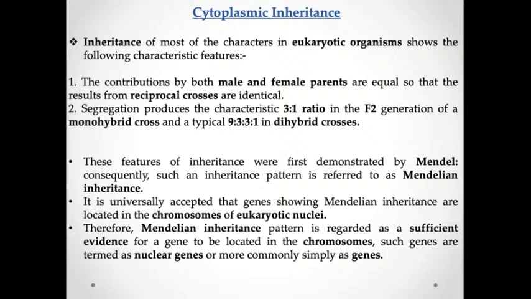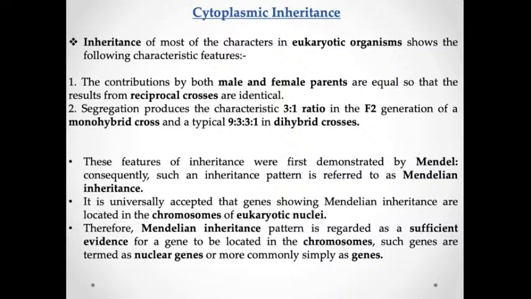Reciprocal crosses, what are they? They are crosses done back with the parents. Since the contribution of male and female parents is equal, the results in reciprocal crosses are equal because both gametes are transferred. And segregation produces a characteristic ratio of 3 to 1 in the monohybrid cross, and the typical 9 to 3 to 3 to 1 in the dihybrid cross.